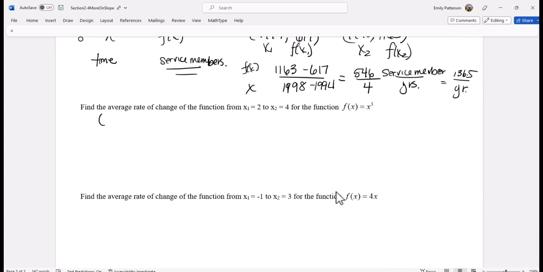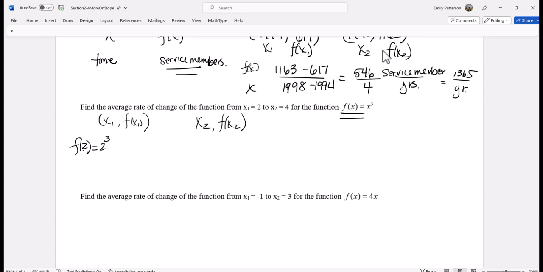So again, remember, we need the point x1, f of x1, and we need the other function value, x2, f of x2. And we're putting these values in. So when x1 is equal to 2, f of 2, well, in our function equation, that's 2 cubed.